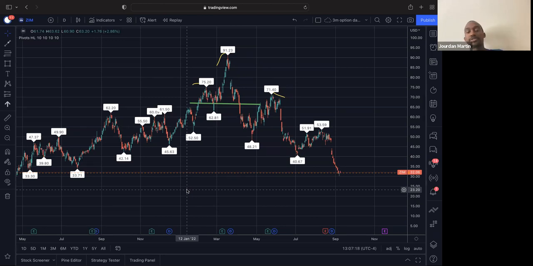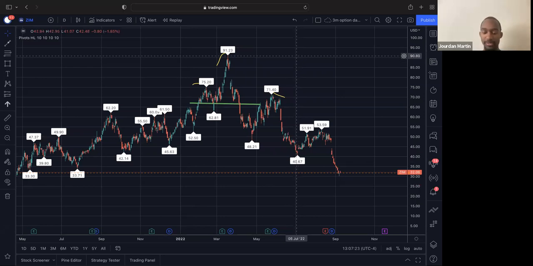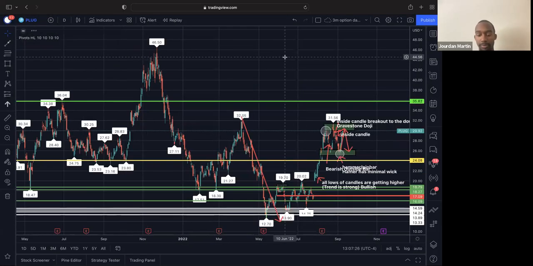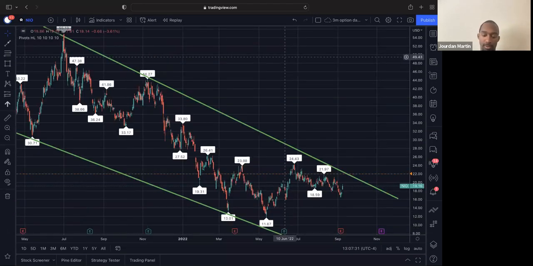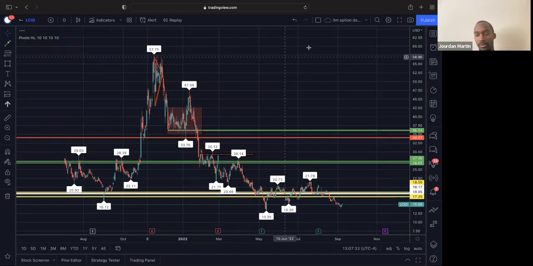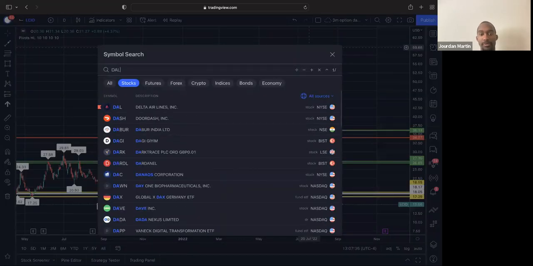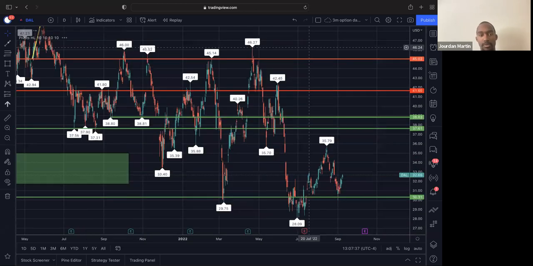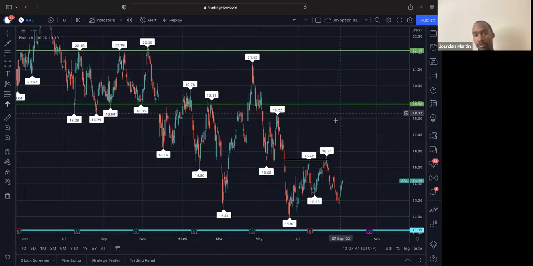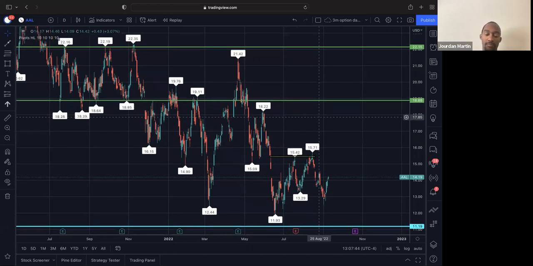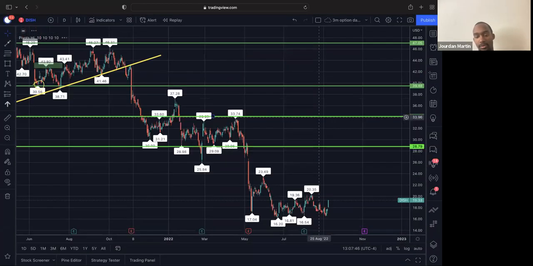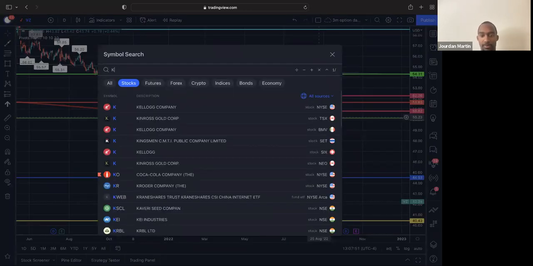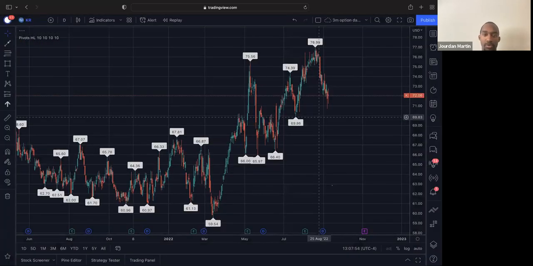Whole different ball game. So if you're a beginner with a smaller account and you want to stick around stocks that are smaller in price, but can still get some movement, like Plug, like Neo, like Lucid, like airline companies such as Delta, American, right? You can do companies like Dish, Verizon, Kellogg's, Kroger, right?